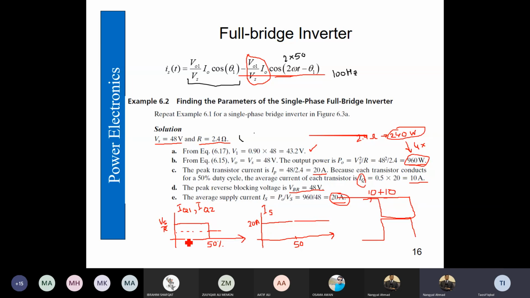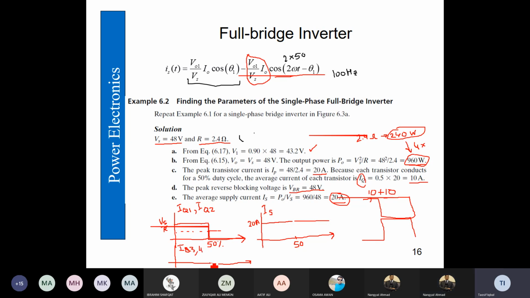ठीक है, यानी कि जैसे यहाँ पे IQ1 और IQ2 ये करंट है, तो half of the cycle their peak is 20 amperes and then they become 0 for the other half cycle. Similarly, then comes the negative cycle, and current for IQ3 and IQ4.